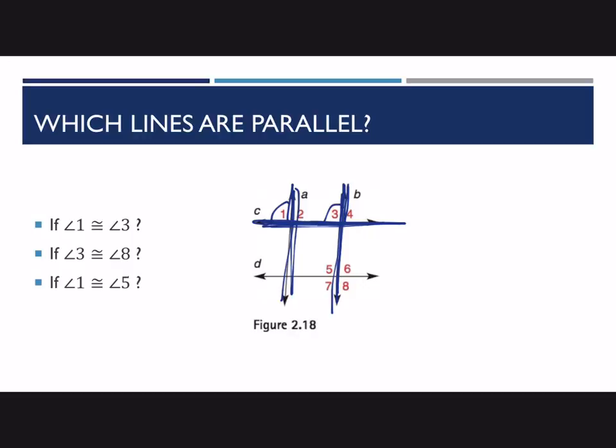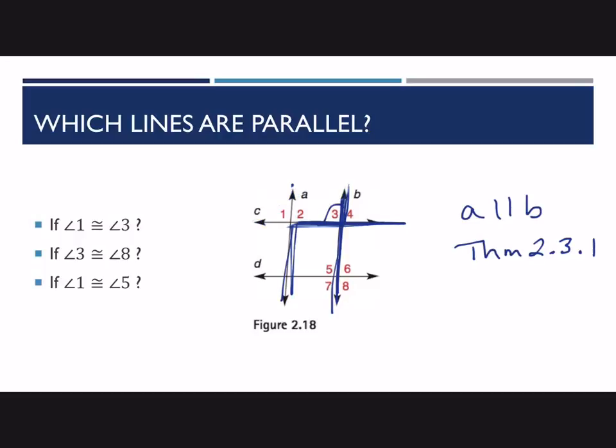If we're looking for two parallel lines, it's not going to be line C parallel to D if we're not even considering D. So it's got to be that A and B are the ones that are parallel, and then we just need to check and make sure that one of the conditions is met. So far we want either corresponding angles to be congruent or alternate interior angles. And in this case, 1 and 3 are corresponding, so we would know that A and B are parallel by theorem 2.3.1.